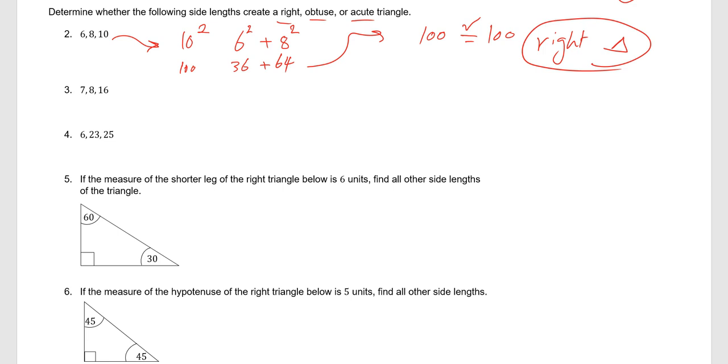Okay. 7, 8, and 16. So again, test the sides. Take the squares. 16 squared, and then 7 squared plus 8 squared. So 16 squared is 256. 7 squared is 49. 8 squared is 64.